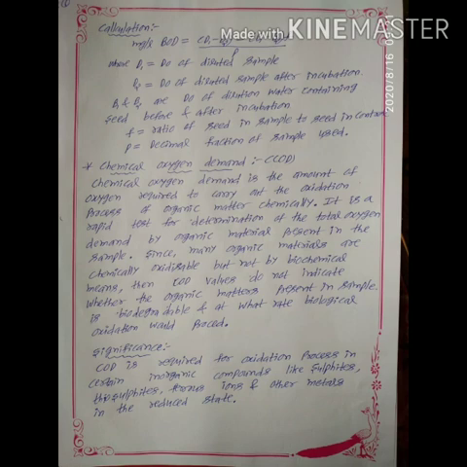Since many organic materials are chemically oxidizable but not by biochemical means, COD values do not indicate whether the organic matter present in the sample is biodegradable and at what rate biological oxidation would proceed. Significance: COD is required for oxidation of certain inorganic compounds like sulfides, thiosulfates, ferrous ions and other metals in the reduced state.